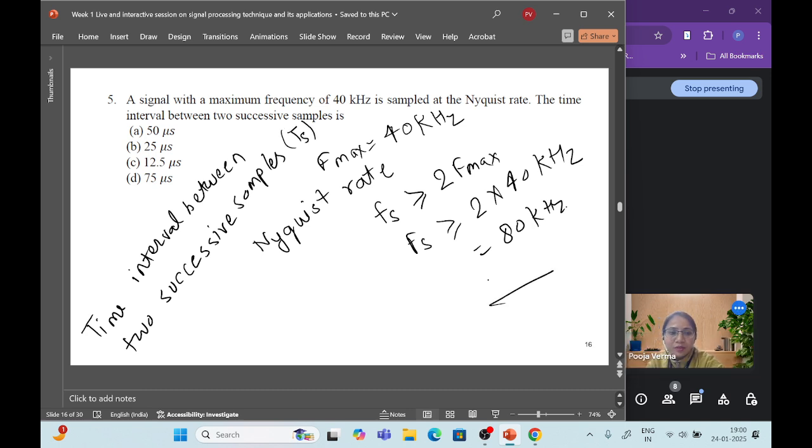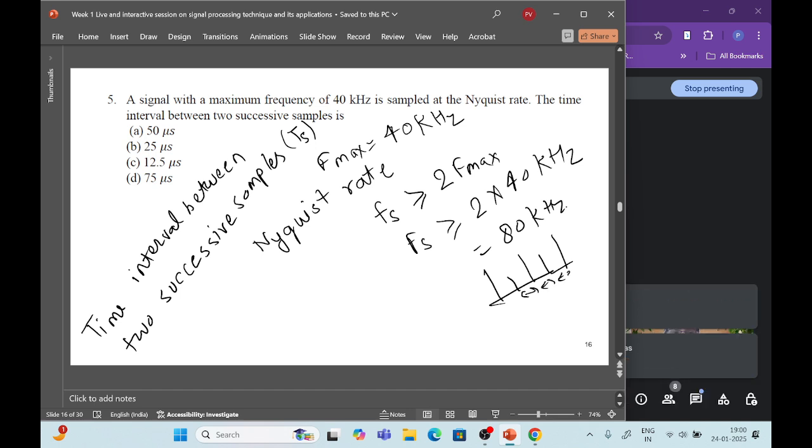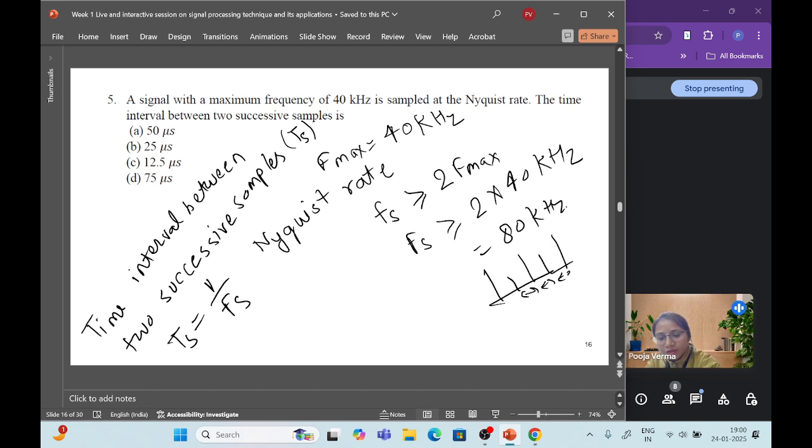It can be found from the sampling frequency, 1 by Fs. Fs we get from the Nyquist rate, so 1 by 80 kilohertz.